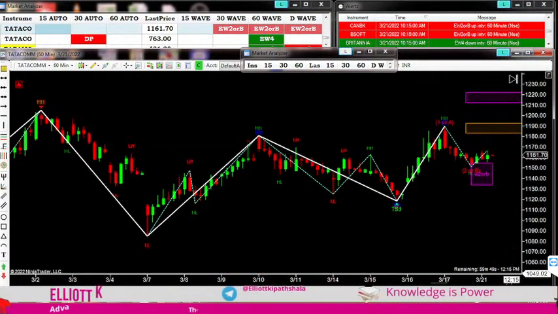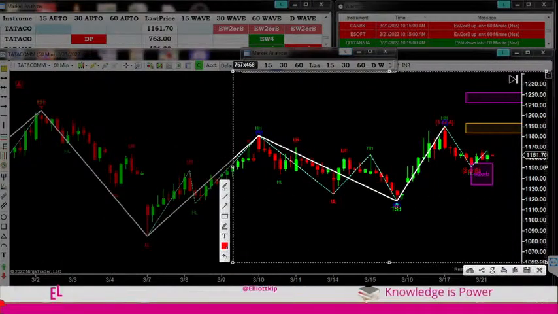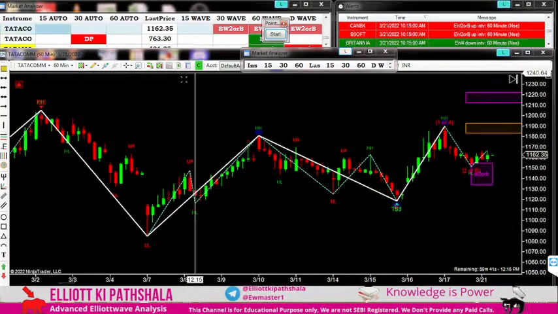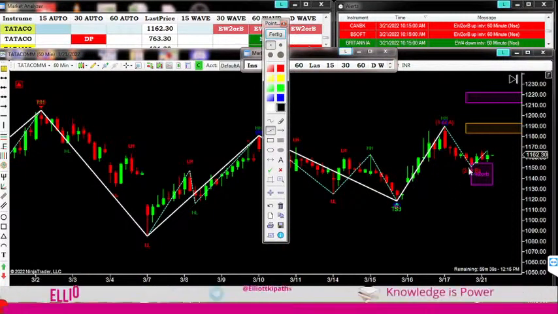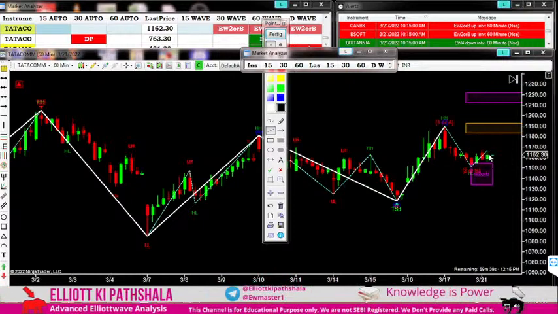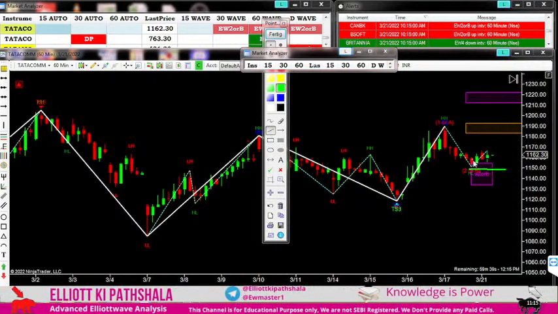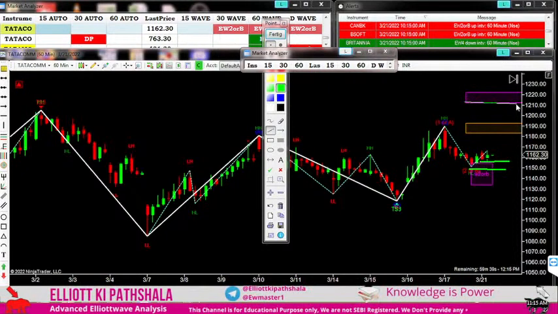My stop loss will be somewhere here for time being, and this will be my entry point, for example. This will be my entry point, and this will be my target.